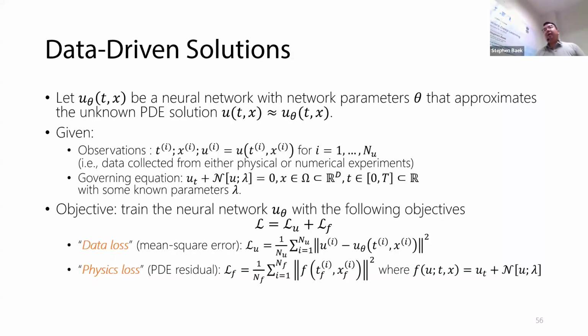From there, our objective is to train the neural network u_theta, or figure out the optimal set of parameters theta that minimize the following objectives. One is the data loss, and the other is the physics loss. The data loss is the usual mean square error, and the physics loss is, like we saw, the residual of the partial differential equation.